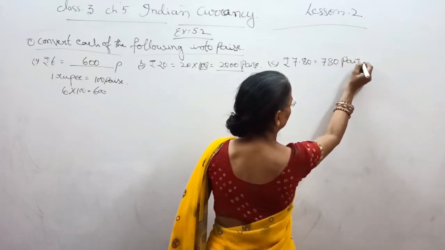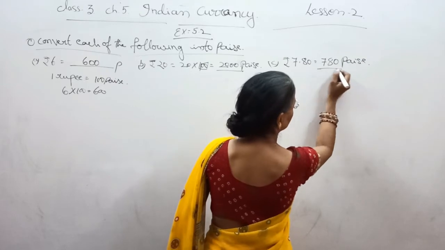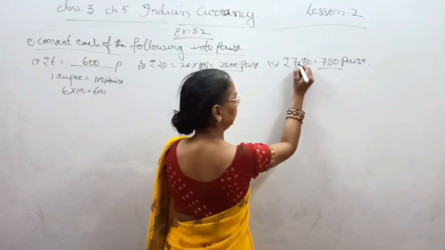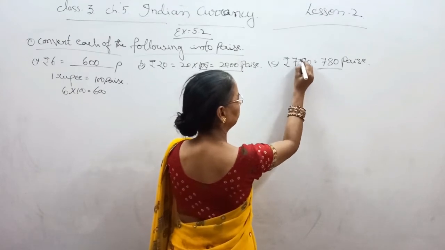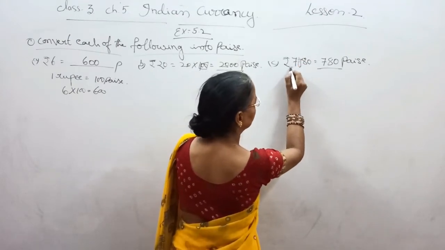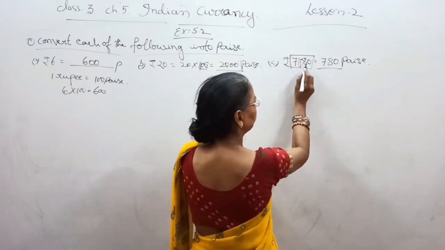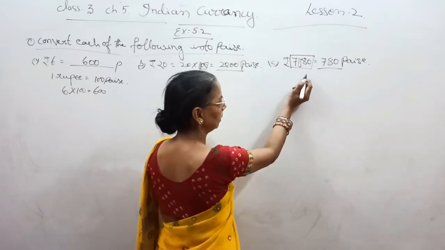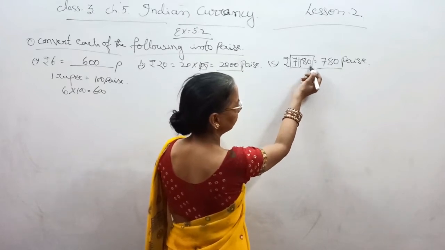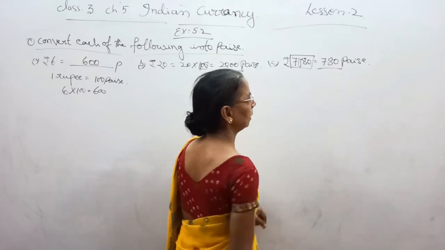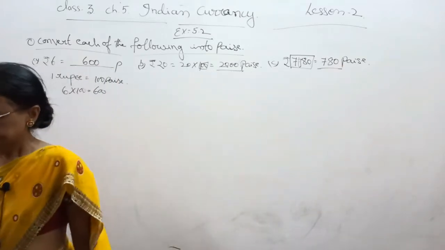That is 780 paise, because after removing that point we include the whole number, that is 780. 700 means 7 rupees into 100, plus the 80 that is already there, so it will be 780 paise.